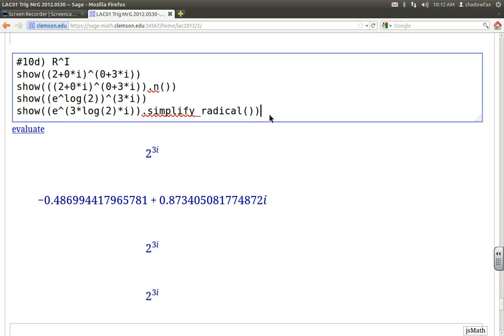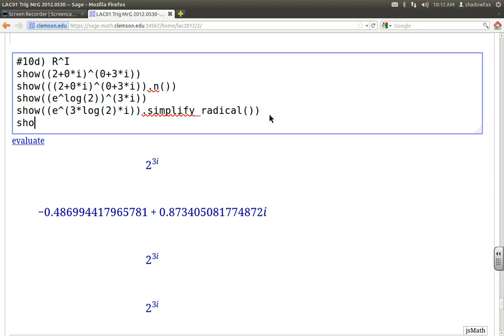So this is the same thing as the cosine of 3 log 2 plus i times the sine of 3 log 2. Let's see. Show the cosine of 3 times log of 2 plus i times the sine of 3 times log of 2.